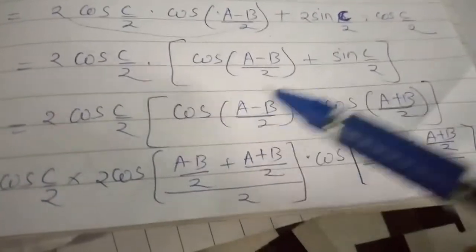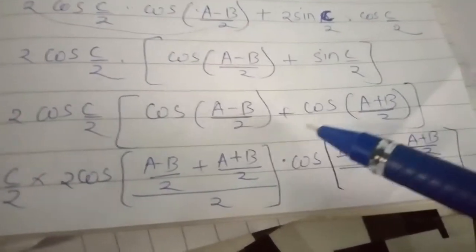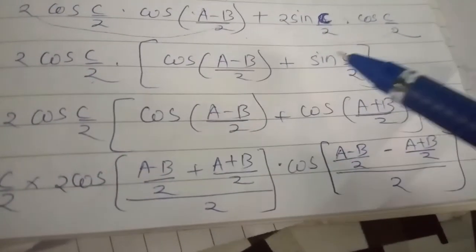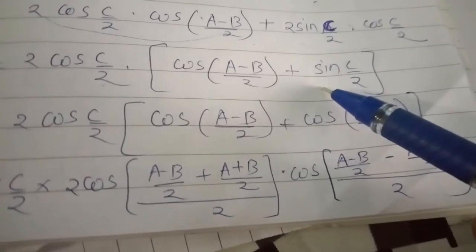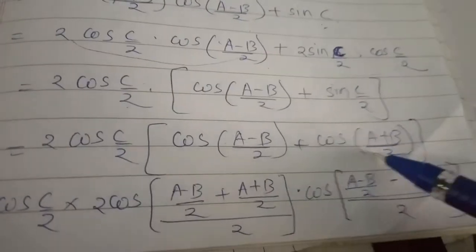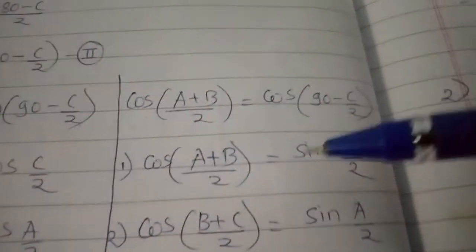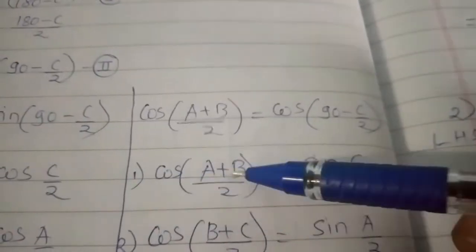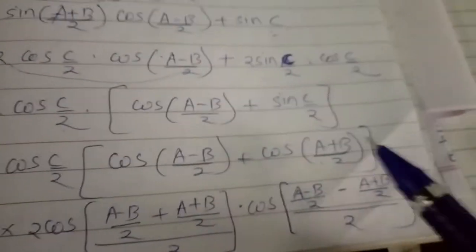So 2 cos(c/2) times the bracket cos((a−b)/2) + cos((a+b)/2), because sin(c/2) is the answer of cos((a+b)/2). Just to show, sin(c/2) equals cos((a+b)/2).